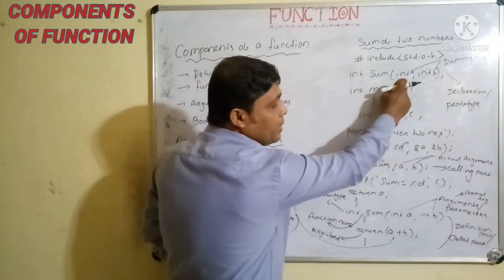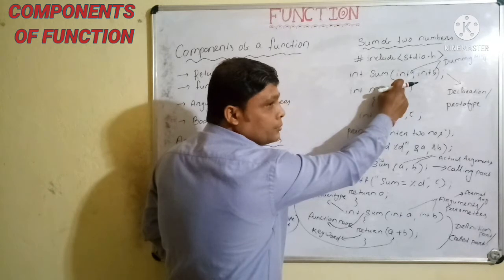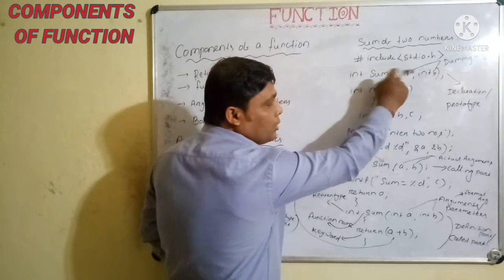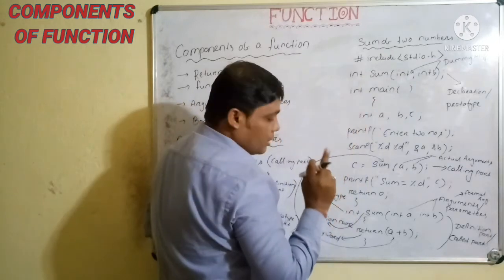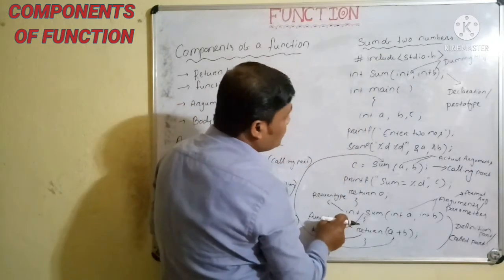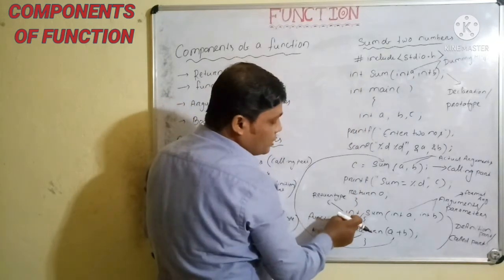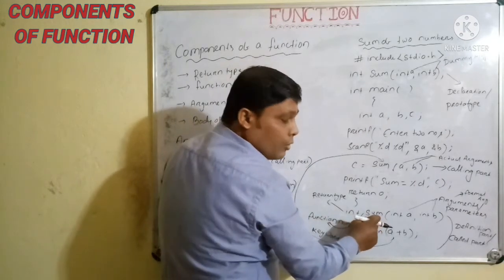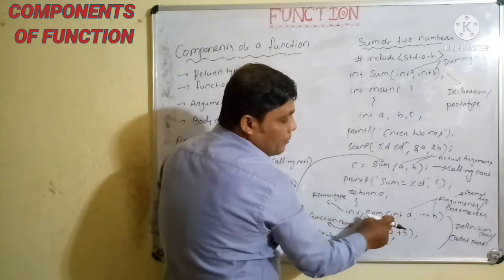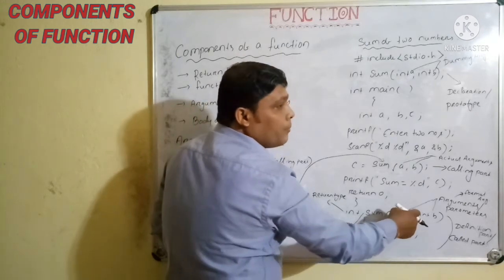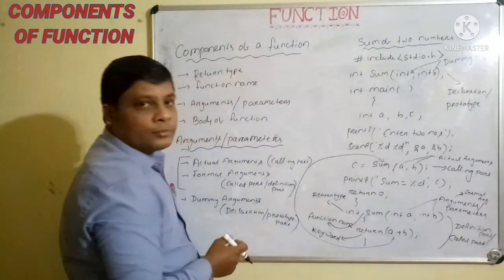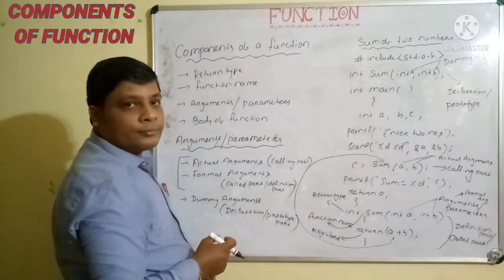But here you can see there is parameter type also there. You may give parameter name or may not. But parameter type or argument type is mandatory. Here you can see return type, same as your declaration return type is there. Function name is there and argument type or parameter type is there with parameter names or argument names.